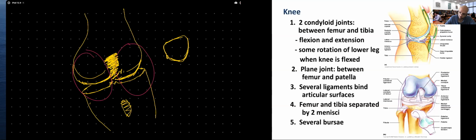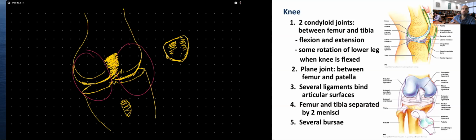One surface is for the patella, and the other surface is going to be for the patellar surface of the lower end of the femur. So the movement that you allow between the femur and the patella is just a short gliding motion. It's a plane joint. So if you touch your patella right now, your kneecap, and you try to move it, you will see a very short gliding motion that takes place.